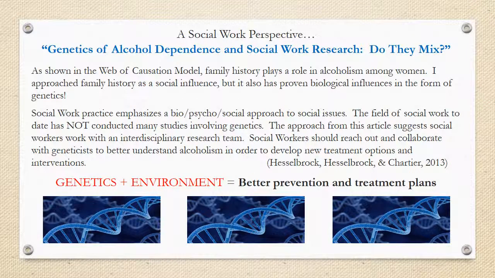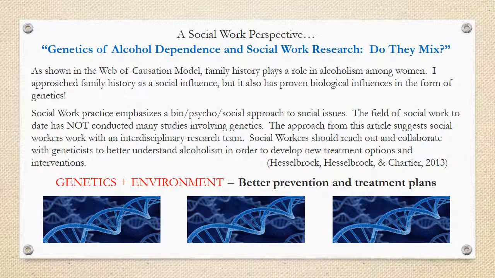So now let's look at alcoholism among women from a social work perspective. I found a journal article named Genetics of Alcohol Dependence and Social Work Research: Do They Mix? As shown in my web of causation model, family history plays a role in alcoholism among women.